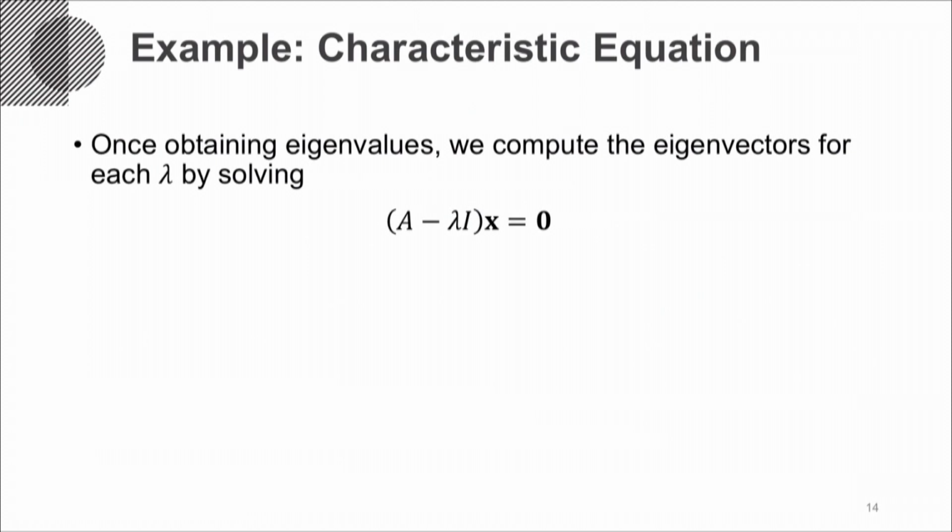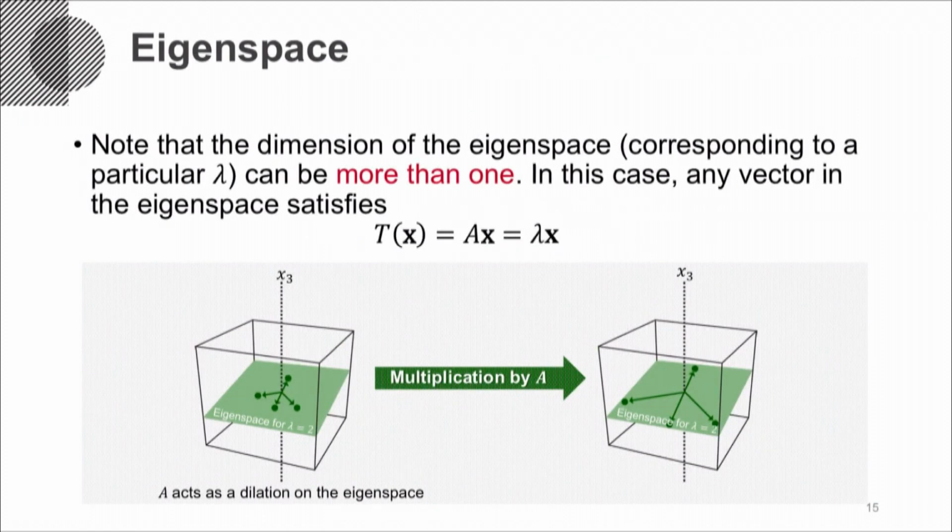After obtaining each of these eigenvalues, we construct this equation that we have to satisfy in order to obtain eigenvectors. Again, for each lambda, we construct this equation, solve for x, and obtain those non-zero solutions.